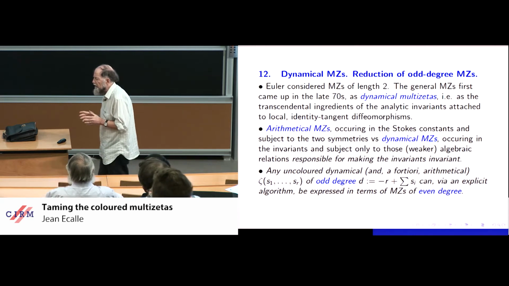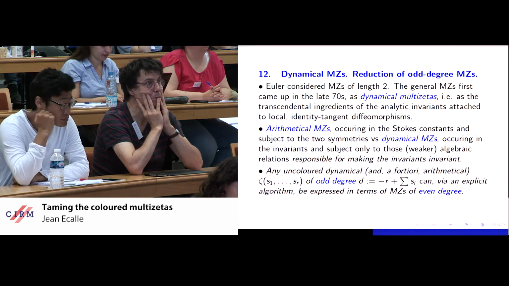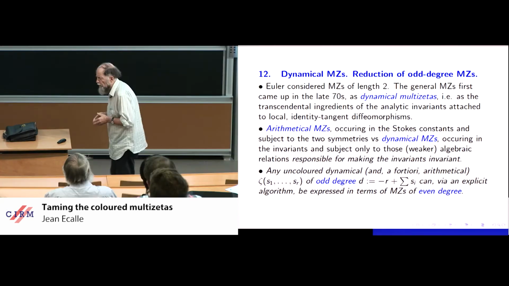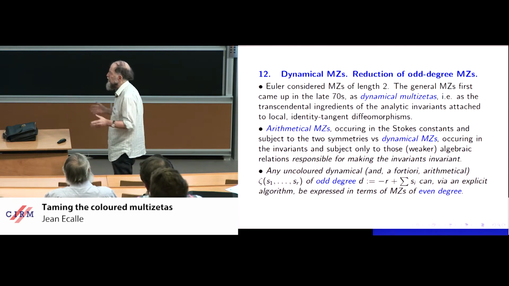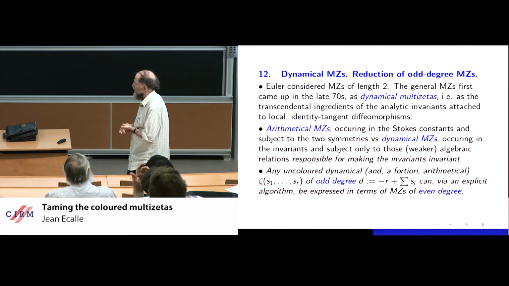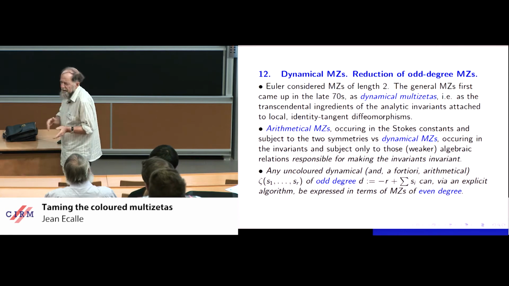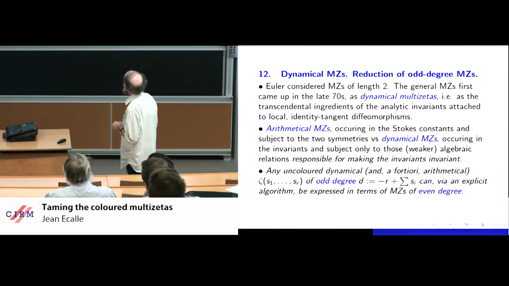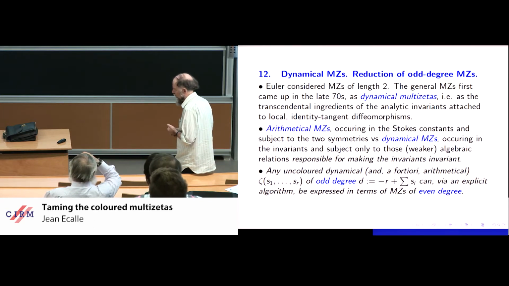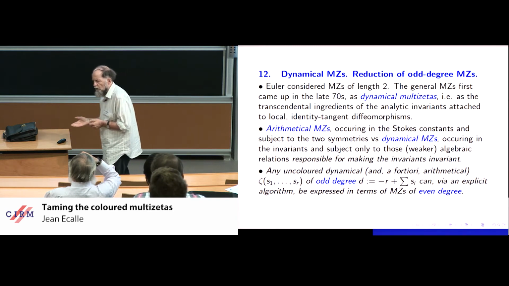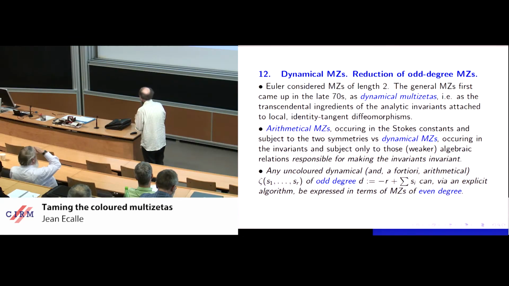If you regard them as subject only to those algebraic relations which are responsible for making the invariance invariant, then you get a system of relations which is slightly weaker than the two quadratic relations. They are, let us say, 1.5, but they are enough. Actually, they lead to a very interesting result. You can eliminate all multizetas of degree, the degree being the weight minus the length.